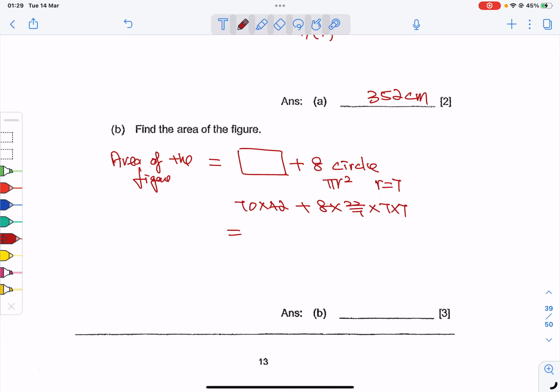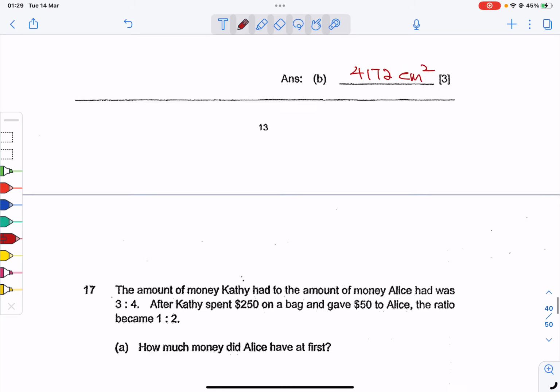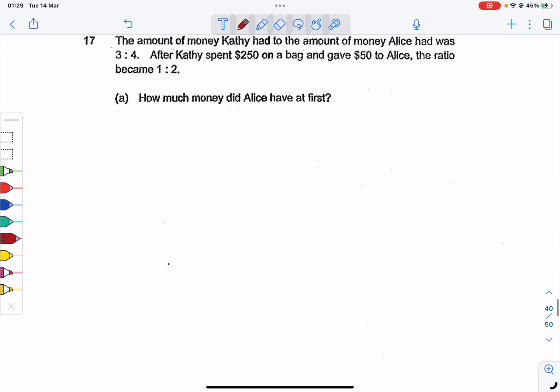Okay, the answer will be 4172. Right? And the answer for B, 4172 cm square.